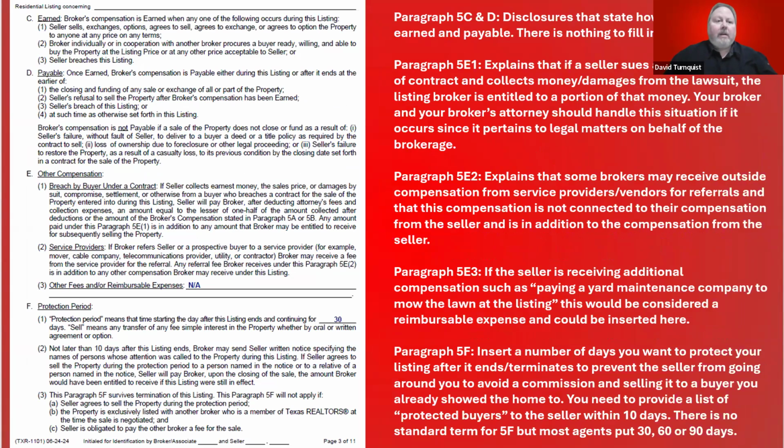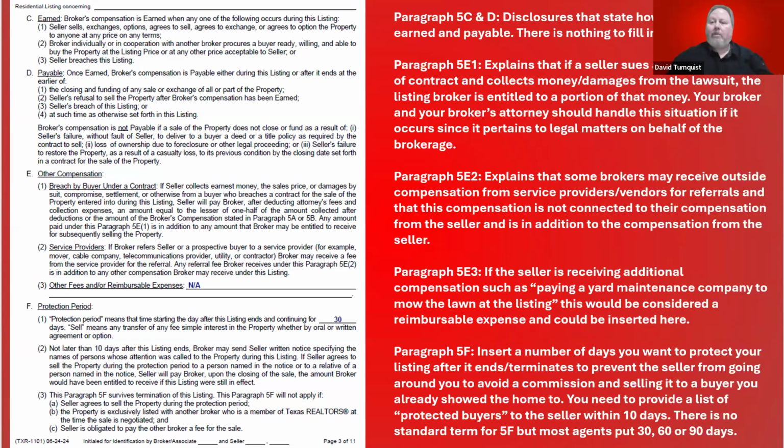On page 3, paragraphs 5C and D talk about how our commissions are earned and payable. You don't have to fill anything in here, so don't worry about that. You're going to want to read through this. Paragraph 5E1 talks about if there's a breach of contract, if the buyer breaches the contract and the seller sues them and gets money or damages, the broker is possibly entitled to some of that money.